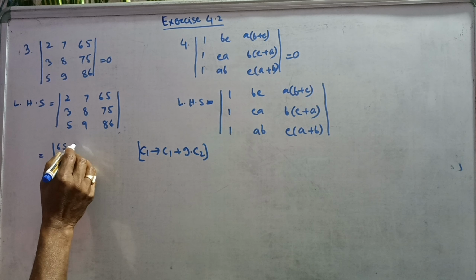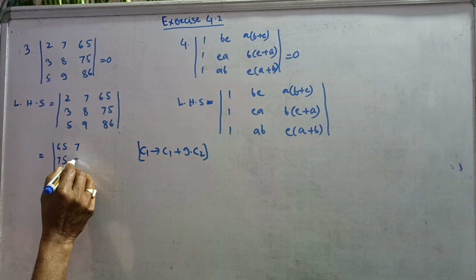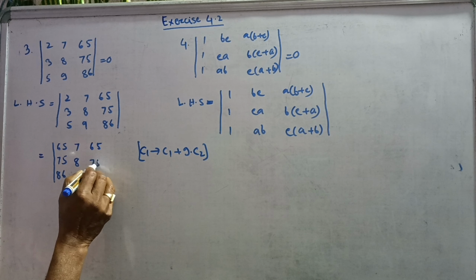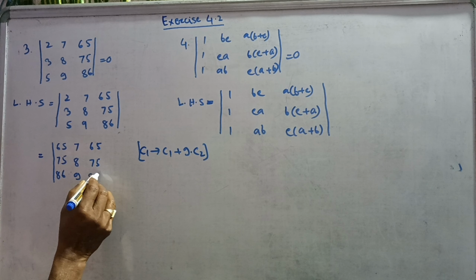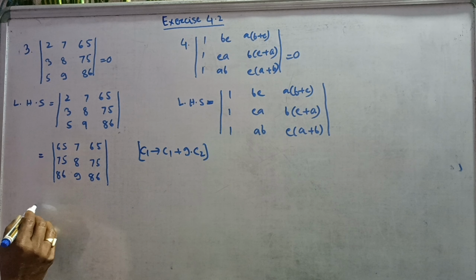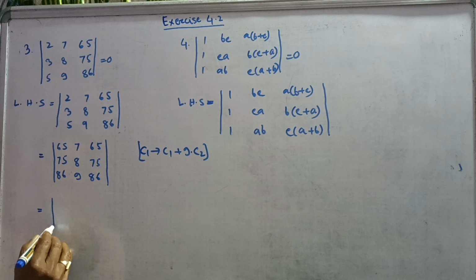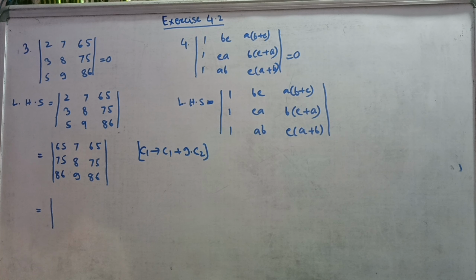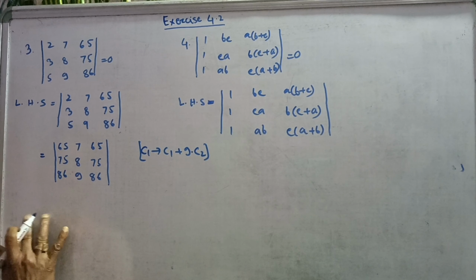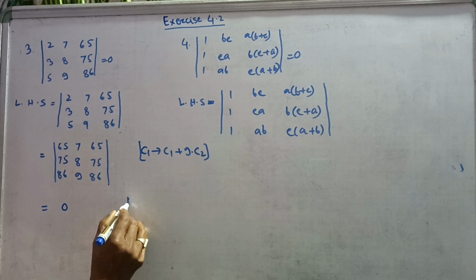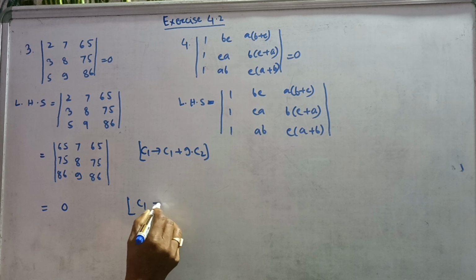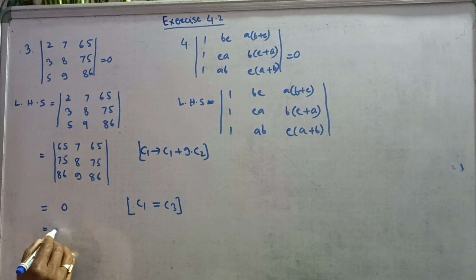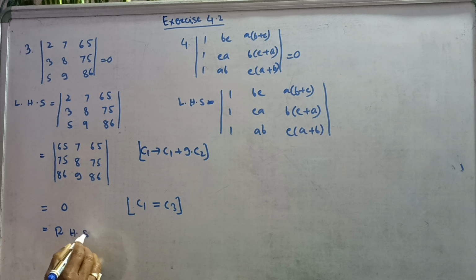The other two columns are the same: 7, 8, 9, and 65, 75, 86. Here we see this column and this column are the same. So this is equal to 0. Why? C1 is identical to C3.